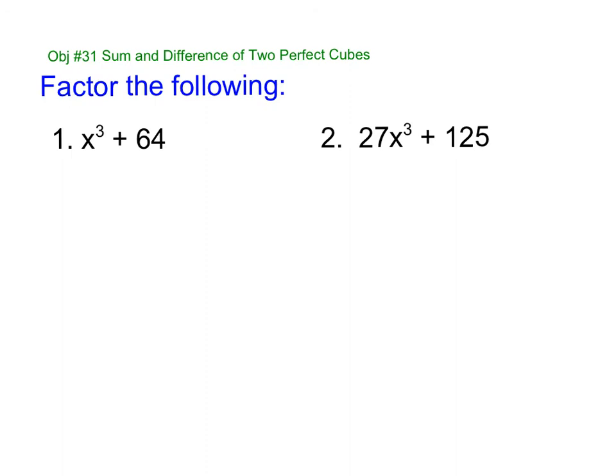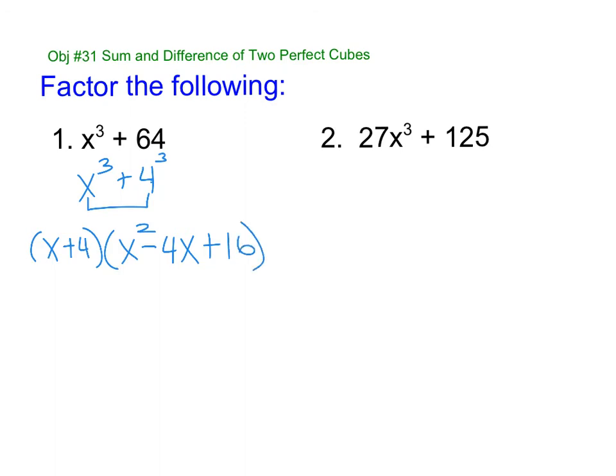All right, so we'll do this first one together, and then you'll do the second one yourself. So 64 is what to the third power? It's 4 to the third. So since it's plus, we're going to have an x plus 4, and then x squared. We're going to multiply those two together, but it's a minus. And then plus, we take our 4 and we square it. And then we're done. You can't factor x squared minus 4x plus 16.